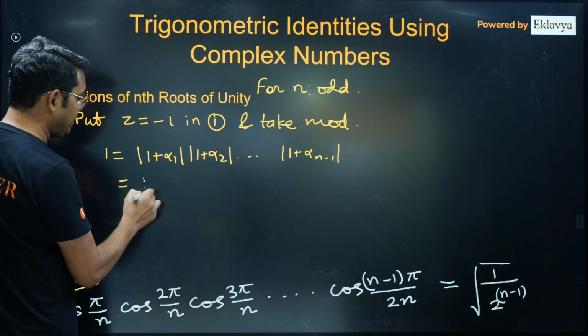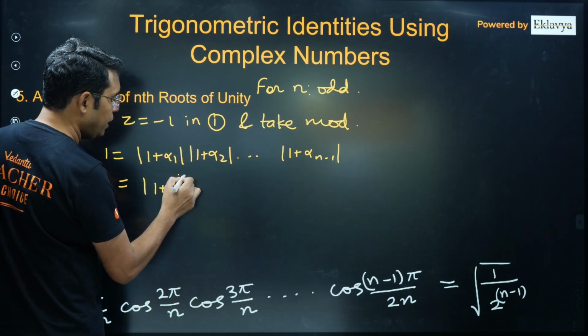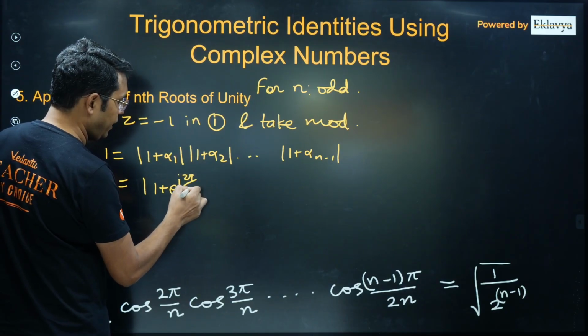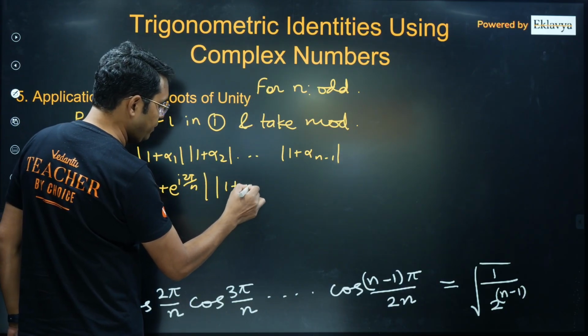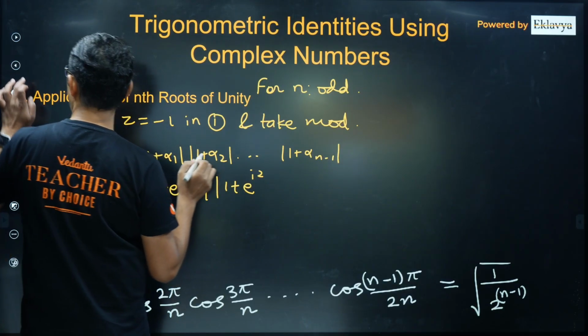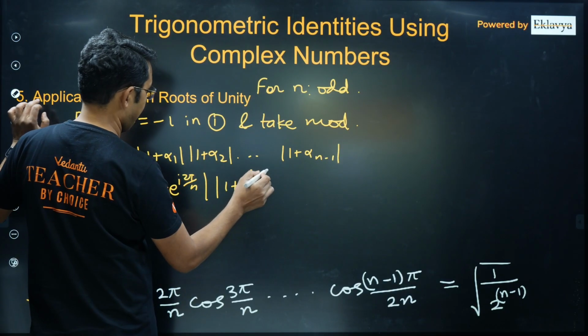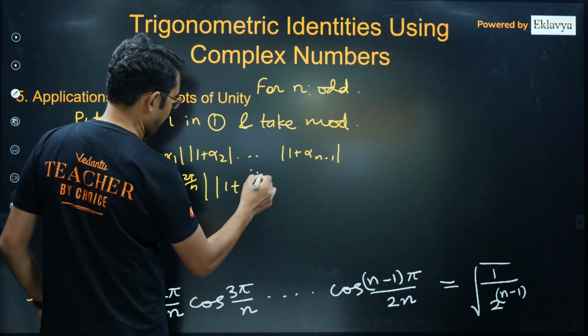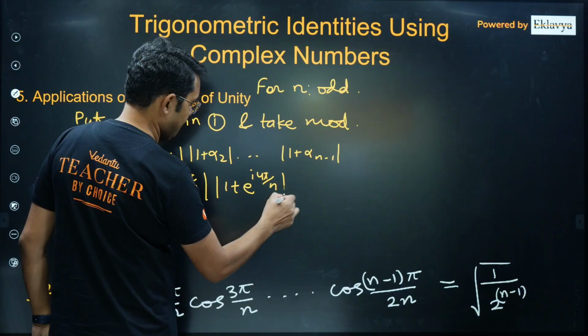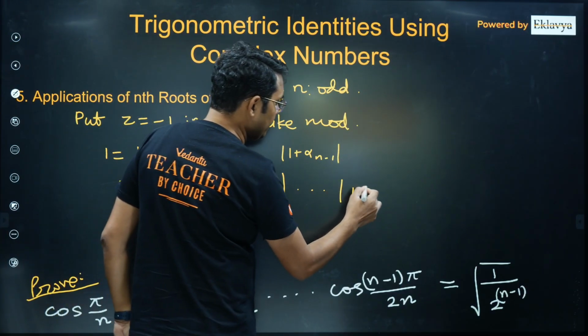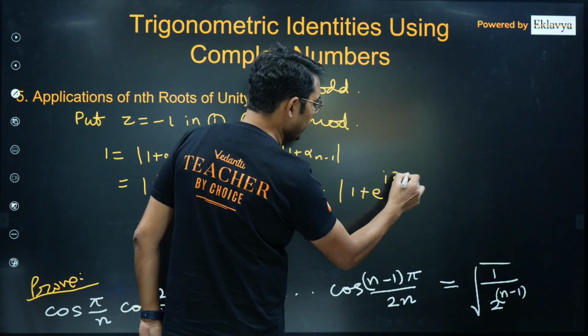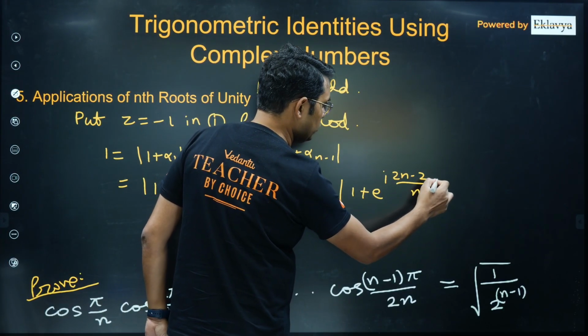You know alpha 1 means it is e power iota 2 pi by n, and alpha 2 means e power iota 4 pi by n, and so on, 1 plus e power iota 2n minus 2 upon n into pi.